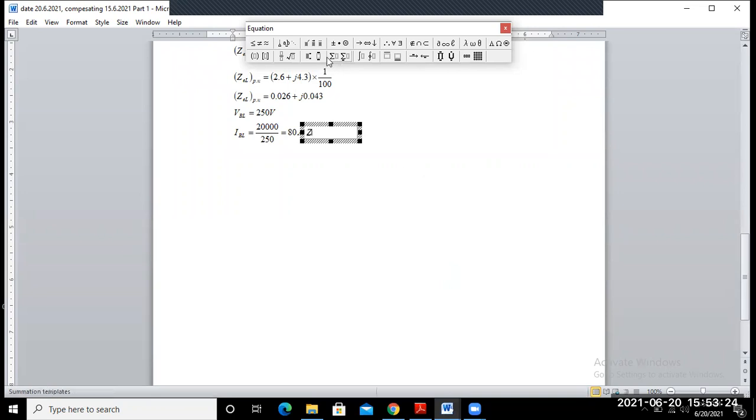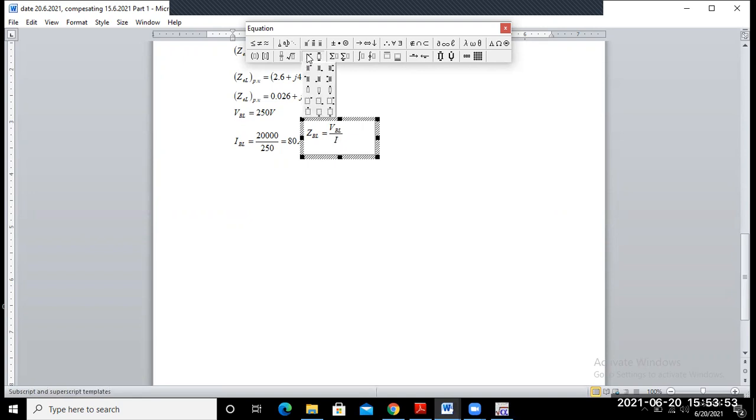So ZBL equal to VBL divided by IBL, that means 250 divided by 80.